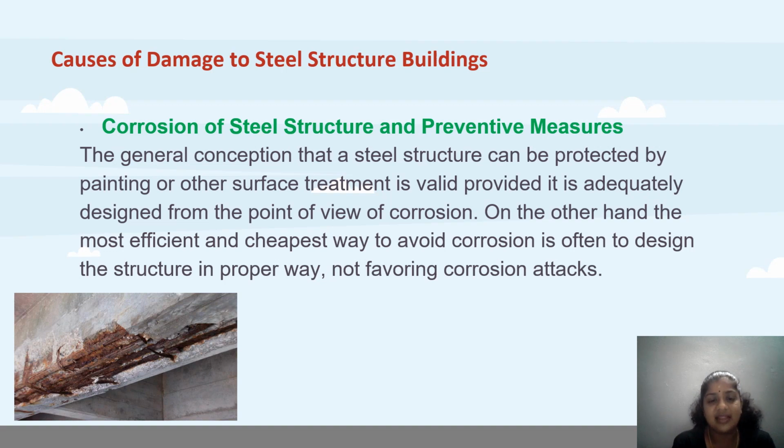On the other hand, the most effective and cheapest way to avoid corrosion is often to design the structure in a proper way, not favoring the corrosion attack. Here is an example of corrosion. This normally happens underground, under a bridge or anywhere corrosion can happen.